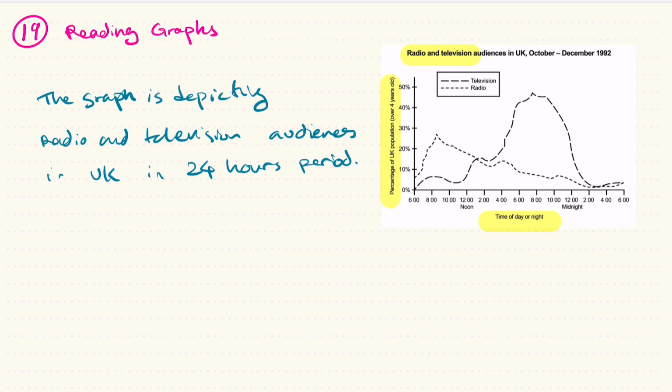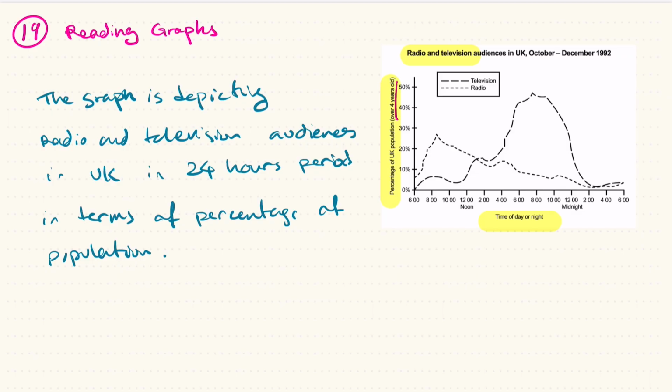So you can say, let me raise this point, in the UK in a 24 hours period, in terms of percentage of population who are 4 years and older. Here it's written that for 4 years and older, so you can write that down as well.